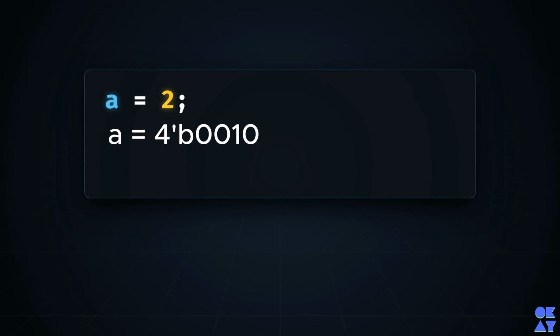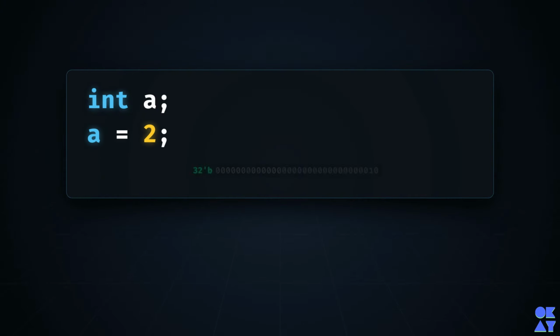We can also use int. Example, int A equals 2. Here int is a 32-bit signed data type, so internally it is 0000 0000 0000 0000 0000 0000 0000 0010.